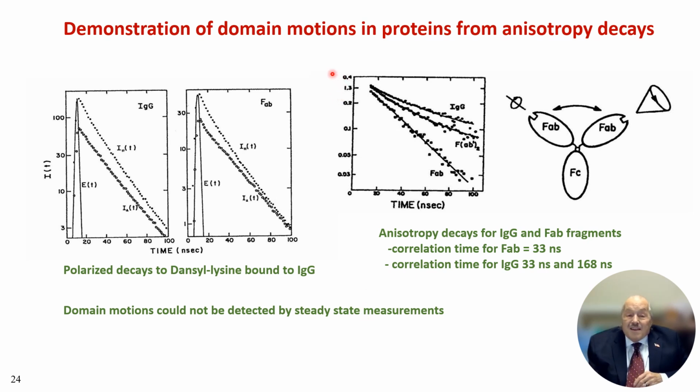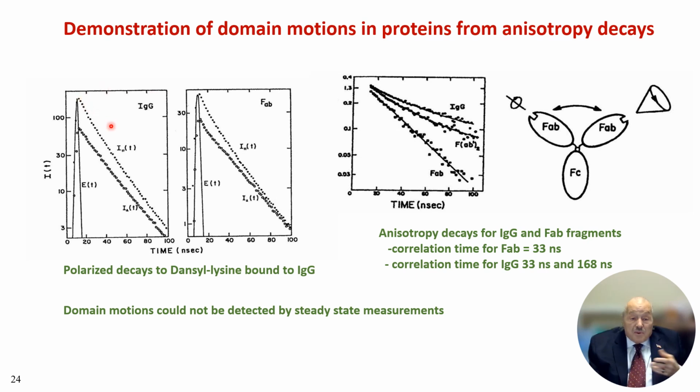This is one of the, I've always liked this experiment. This is an experiment that demonstrated domain motions in proteins. When this was done, I've forgotten the exact year, it's pretty early. Proteins were sort of viewed as rigid bodies, little rocks that don't really do anything. But over time, people realized that they're probably more flexible than that.